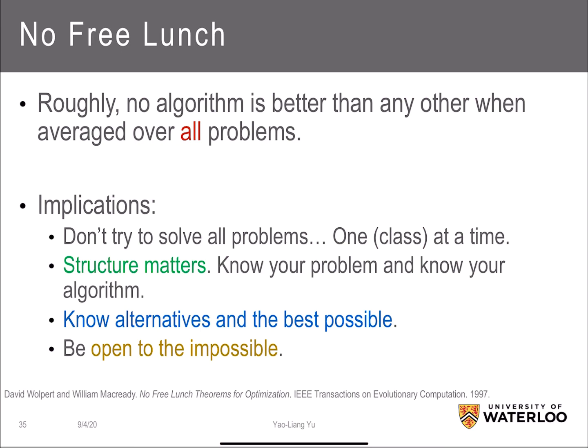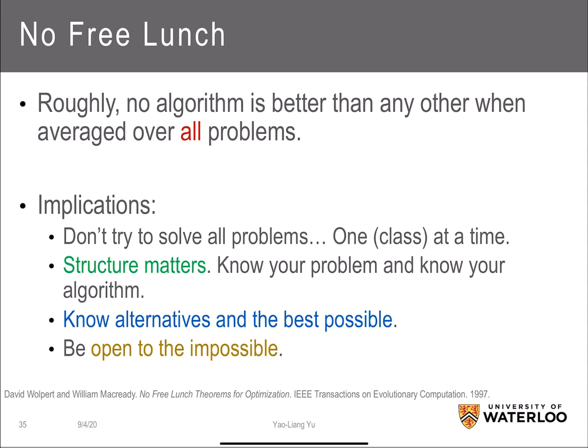So you need to know your problem and you need to know the algorithm, right? What algorithm can you use for what kind of problems? And you should also try to know what the alternative algorithms are. What is the best possible algorithm I can have for this particular problem?